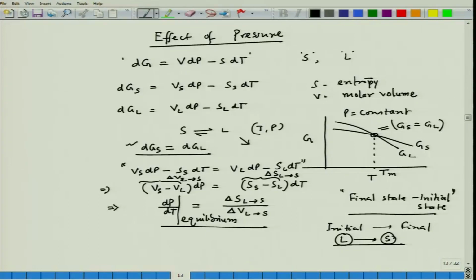Now, we will get to this particular equation after a while. First consider these two equations. Now, dGs equals Vs dP minus Ss dT.